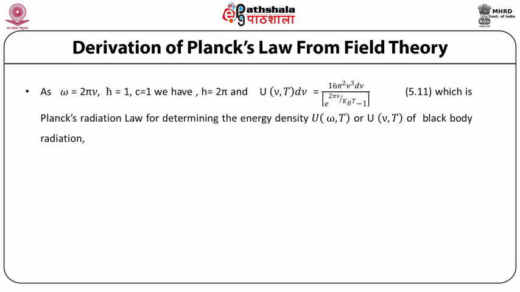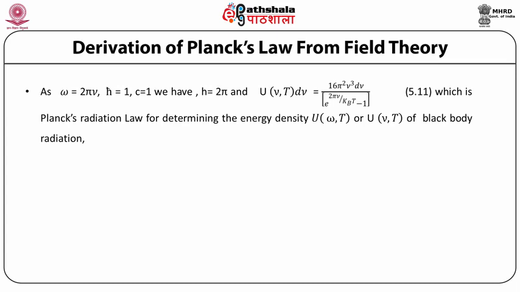As omega is 2 pi nu, h cross is 1 and c equal to 1, we have h cross equal to 2 pi, and u nu t d nu is equal to 16 pi squared nu cubed d nu divided by exponential 2 pi nu by kBt minus 1, which is really Planck's radiation law for determining the energy density u as a function of omega and t, or u as a function of nu and t.